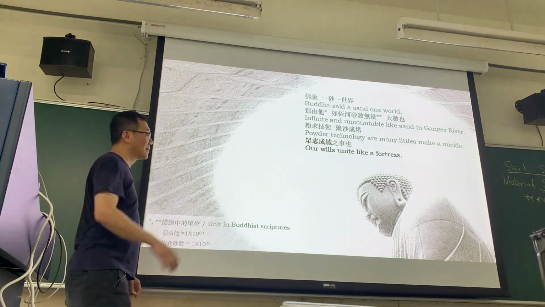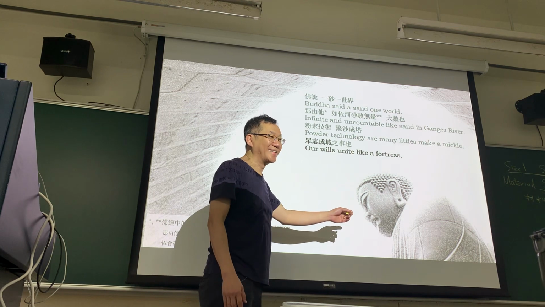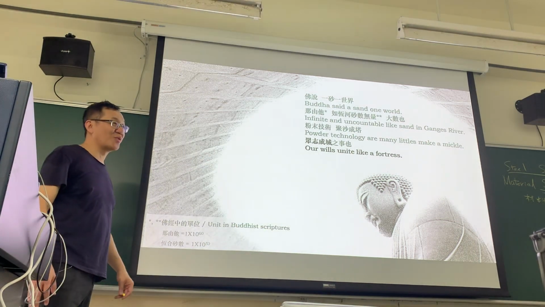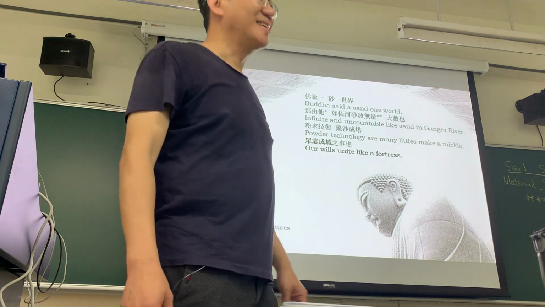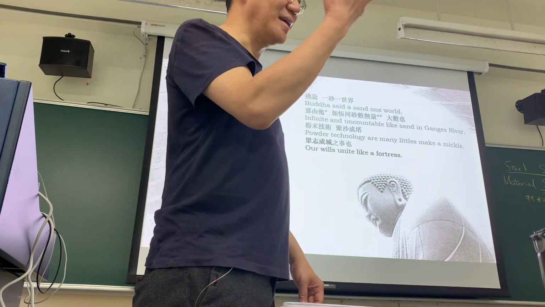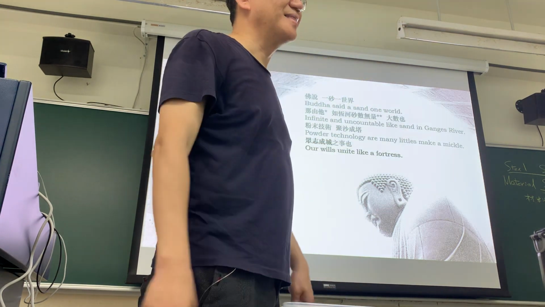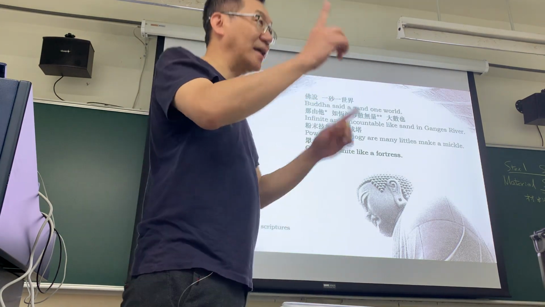Okay. Who is this? Buddha. Buddha said, one grain of sand, one world. What does it mean? It means if the particle is very big, bigger than like the Earth, it is a world. So it depends on your scale.